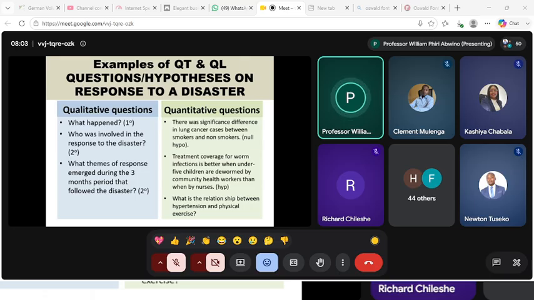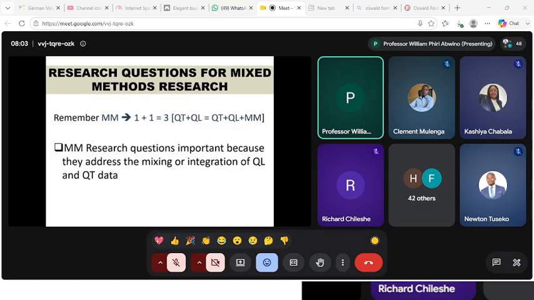That one is your hypothesis. Then what is the relationship between hypertension and physical exercise? I'm sure you are able to get the differences. The other one you have to test. So those are the ones.